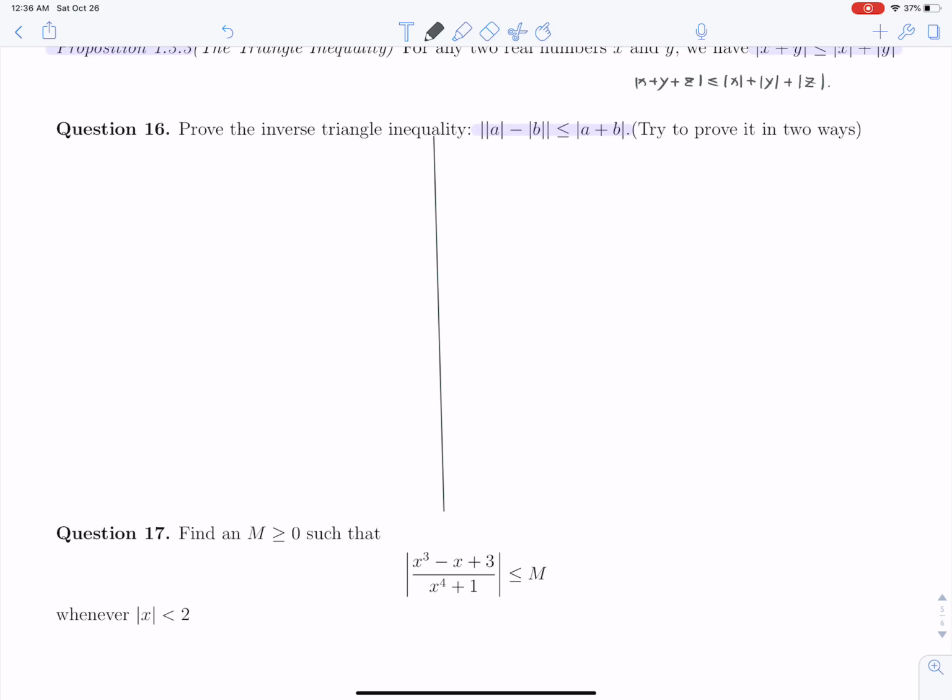My first proof does not even involve the triangle inequality. It's based on some basic facts. Okay, so let's do this. I'm going to start with this. The absolute value of A minus the absolute value of B, the whole thing squared, is equal to this.